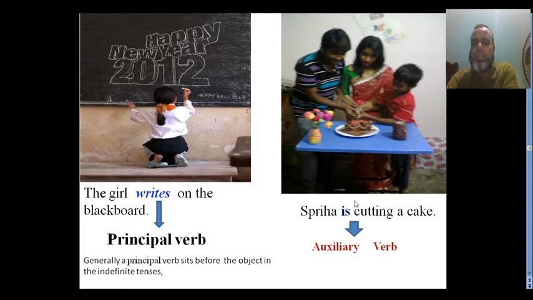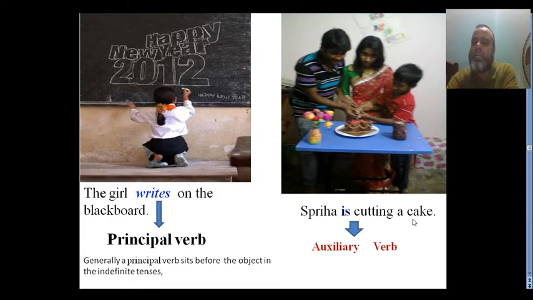Now think about this verb is. In this sentence, Spriha is cutting a cake. There are two verbs here. Is is a verb. Cutting is also a verb here. Is is used before cutting. There is no meaning of is here.